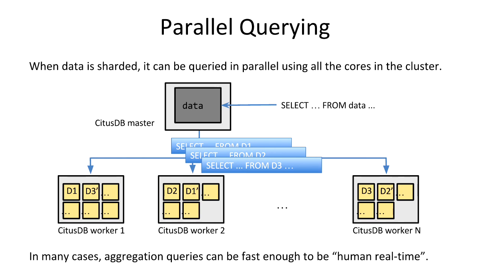This is an example with CitusDB, which is a Postgres setup where you have many workers and a single master. The data table on the master is actually stored in shards on the workers. When you do a select on the data table, the master will connect to the worker nodes and send out a bunch of selects for each shard in parallel. And this can work well.